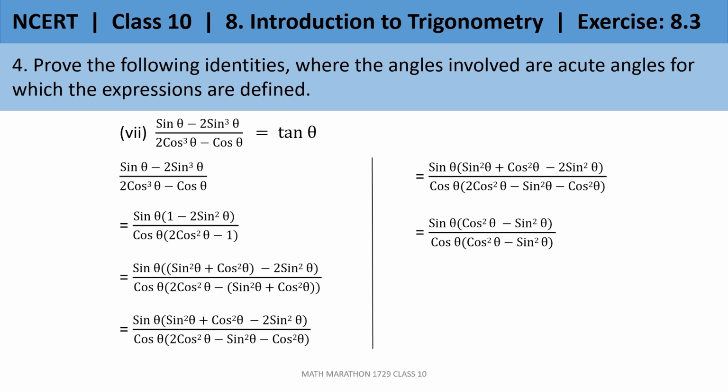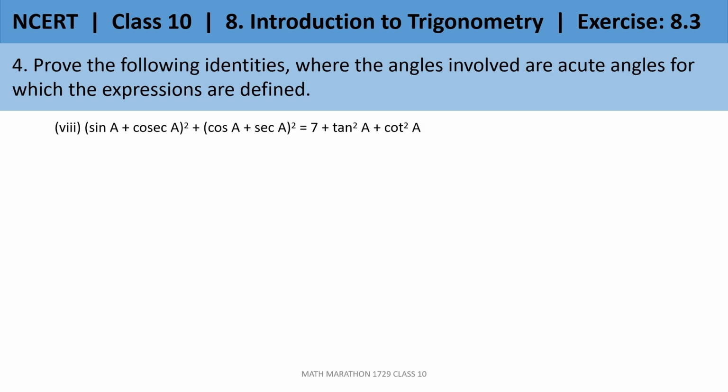In numerator and denominator, we have cos square theta minus sin square theta. We can cancel out cos square theta minus sin square theta. Is equal to sin theta by cos theta is equal to tan theta, which is the right-hand side. Hence, proved.